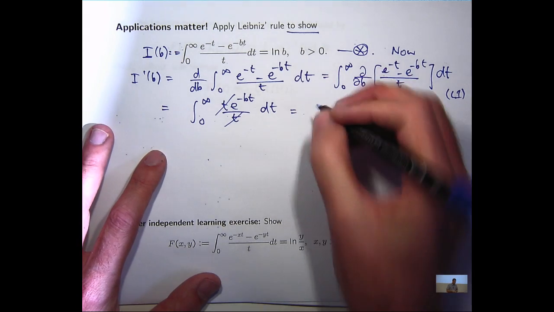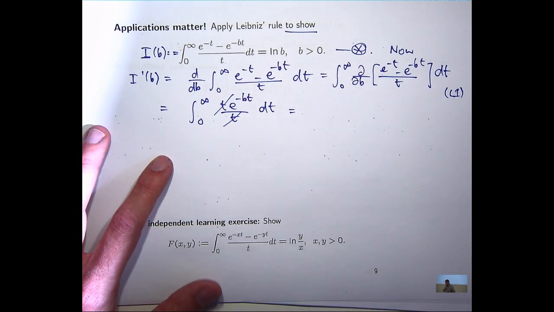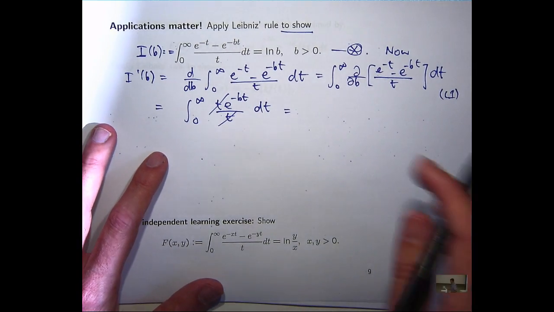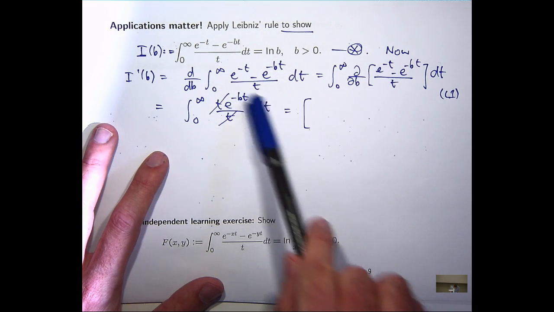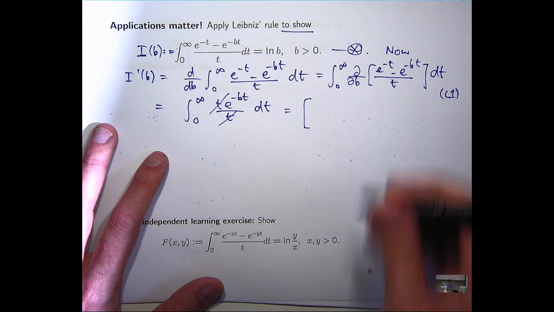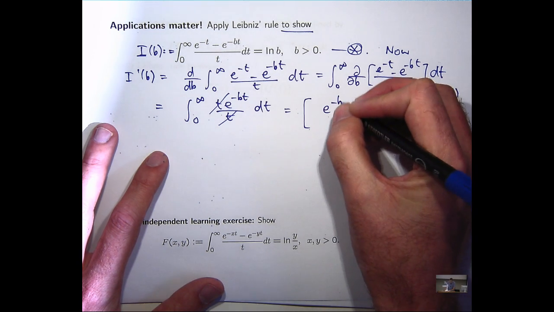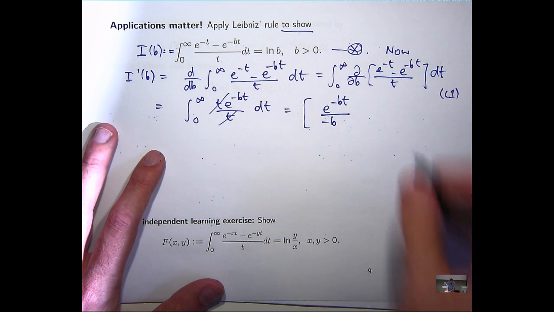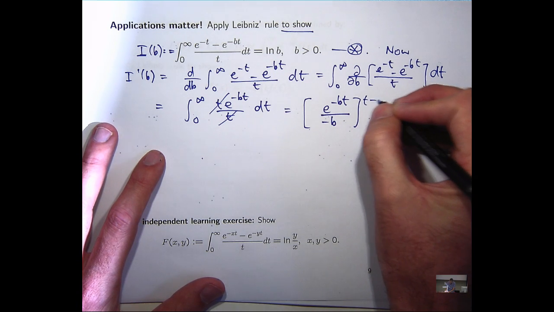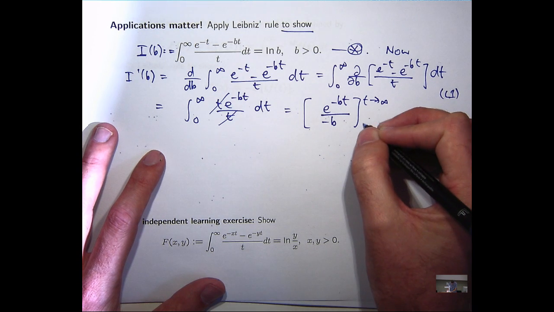This is like an improper integral, remember, from first year. So to integrate this, I imagine b is my constant here, and integrate with respect to t. I'll get something like this, with limits t going to infinity and t equals 0.